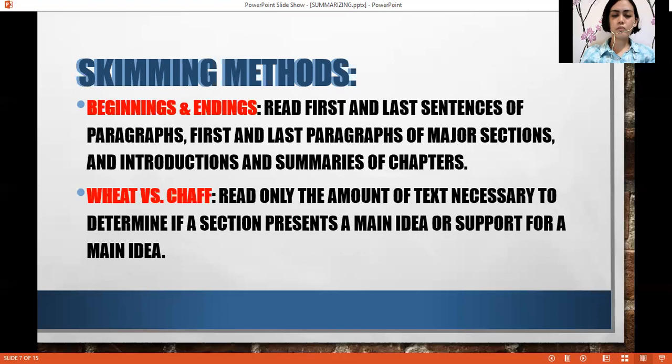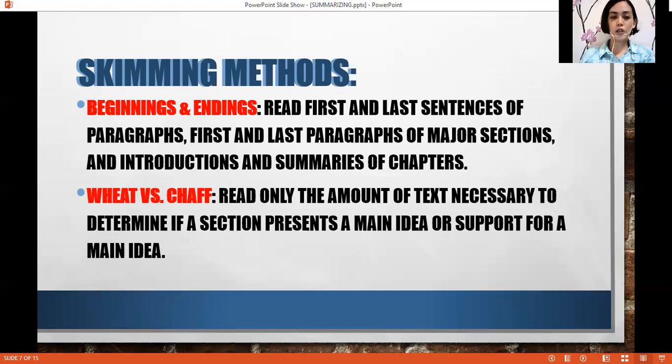So you're going to read first and the last sentences of the paragraphs, first and last paragraphs of major sections, and introductions and summaries of chapters. For textbooks, they do have chapter summaries, but for other materials, they don't have it. So the best thing to do is to look for the introduction and the conclusion.